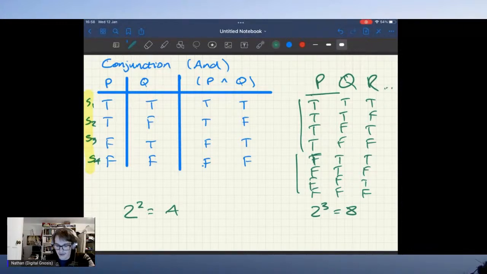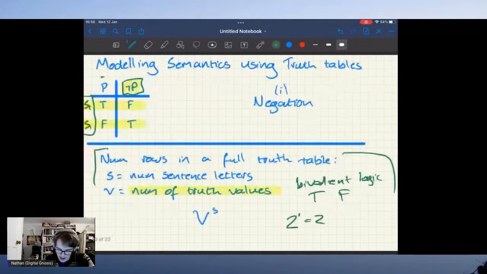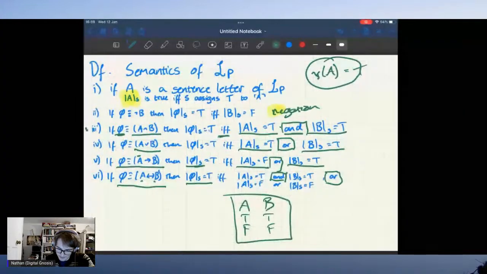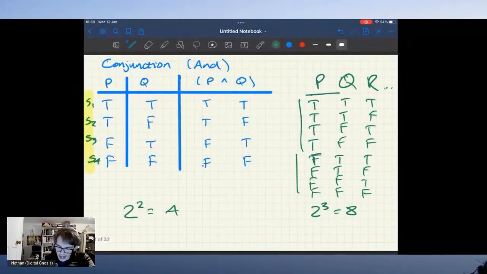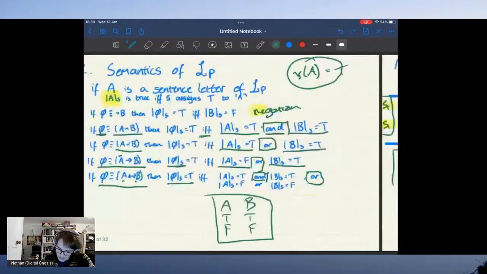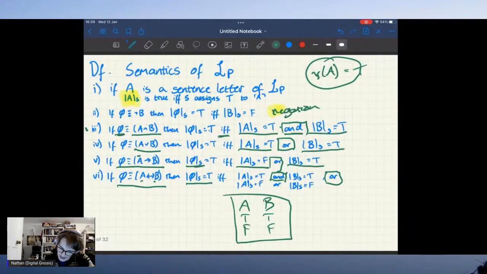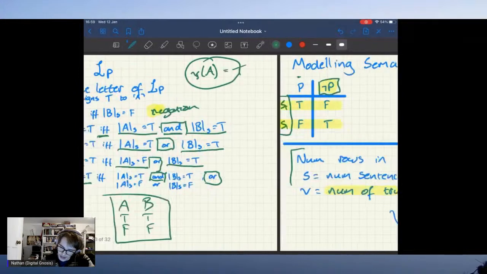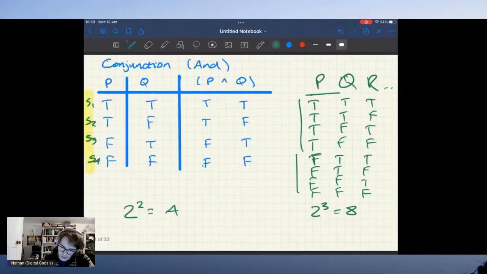So in the case of and, which is our conjunction, which we defined here in clause 3, it's true just in case A is true and B is true. So how does that look in our model? Well, that's this model here, where P and Q are both true.